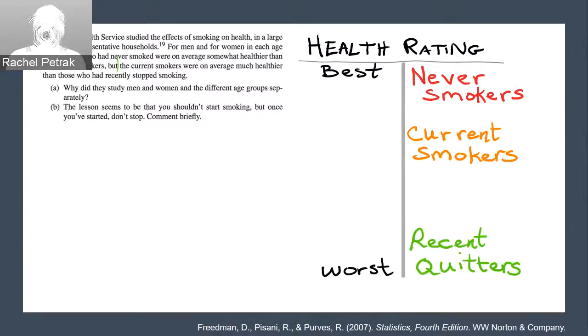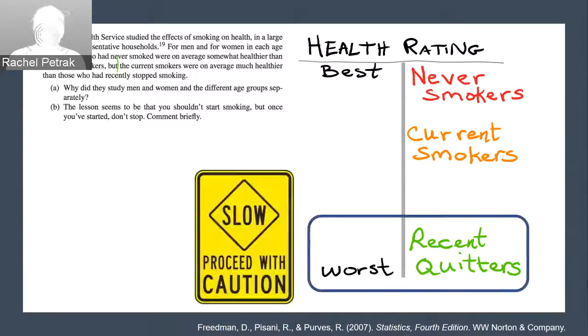And then finally, we have the recent quitters, and we're told that the current smokers were on average much healthier than those who had recently stopped smoking. So I've translated what we're told about their health into this general health rating scale. And from looking at this, it's easy to say it still seems like the recent quitters are in the worst shape. But that's just the surface area here.